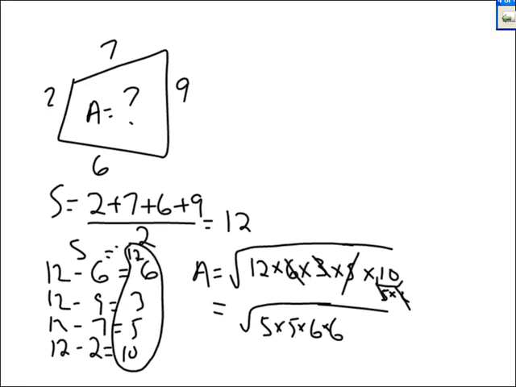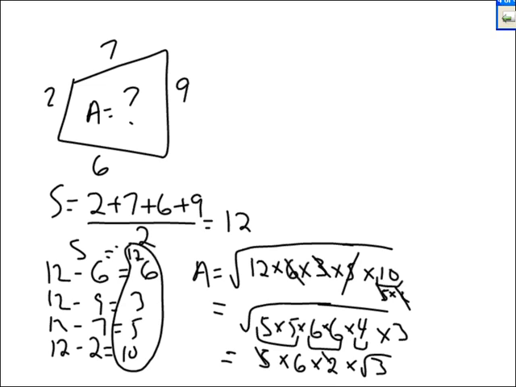And 12 is 4 times 3. And I know the square root of 4. So the square root of 5 times 5 is 5, times the square root of 6 times 6 is 6, times the square root of 4 is 2, times the square root of 3. I don't know what that is. 5 times 2 is 10, times 6 is 60, times the square root of 3.